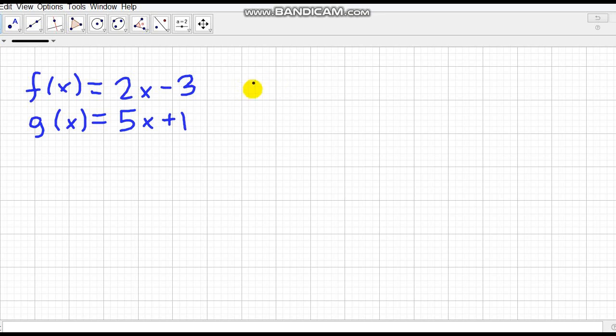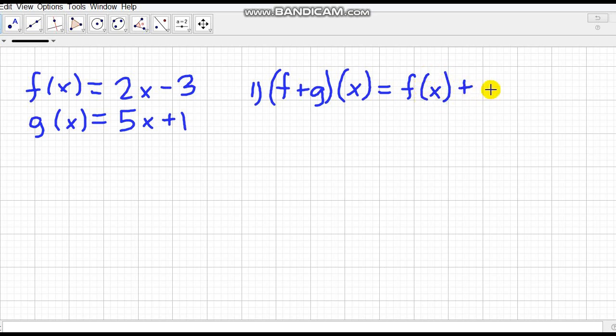So let's have number 1. Let's have f plus g of x. So from our example, we say that f plus g of x is f of x plus g of x.